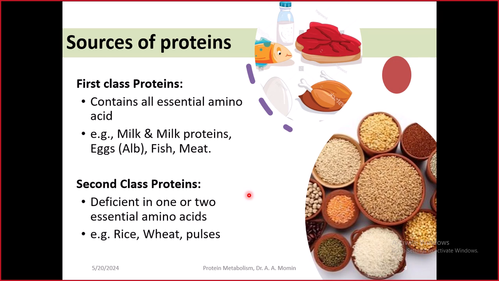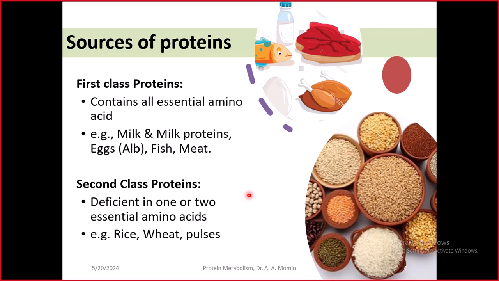The sources of proteins: first class proteins. Proteins are called first class when all 10 essential amino acids are present in the protein. As per the nutritional classification, amino acids are classified into 2 classes: essential amino acids and non-essential amino acids.